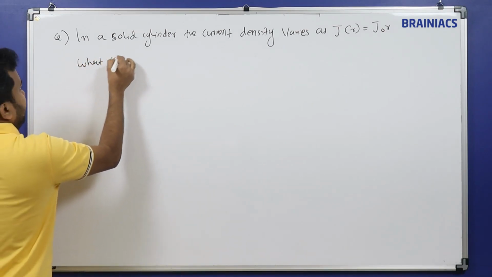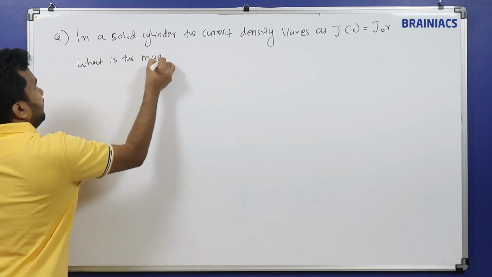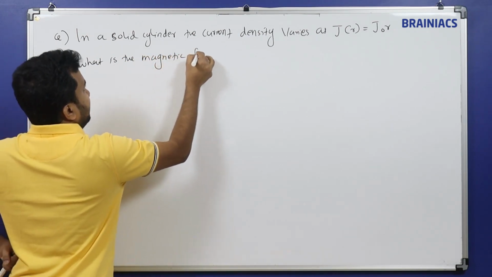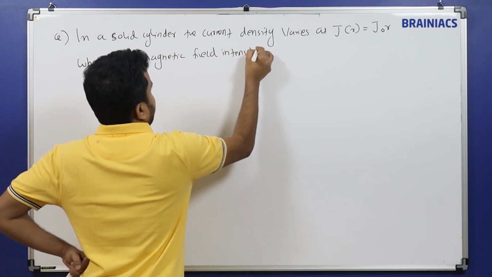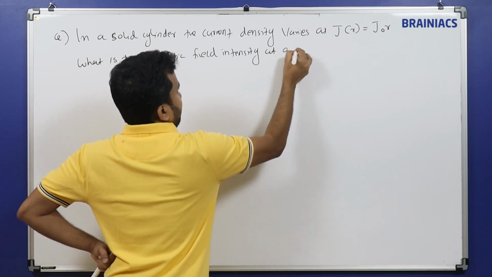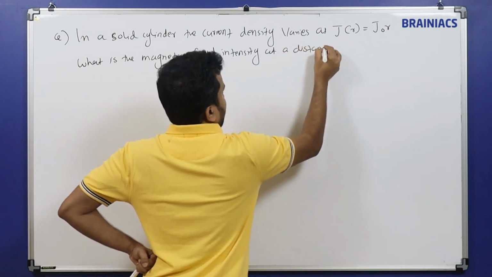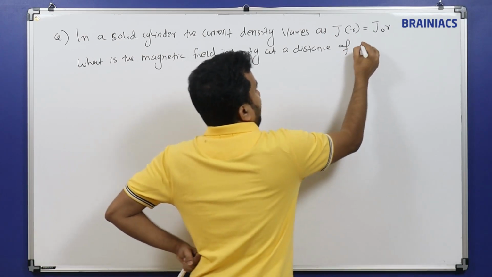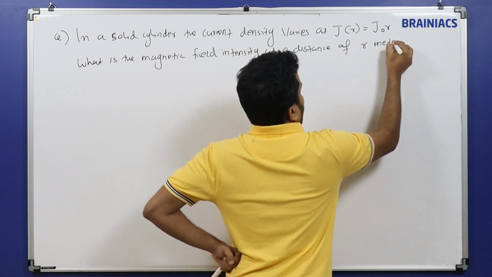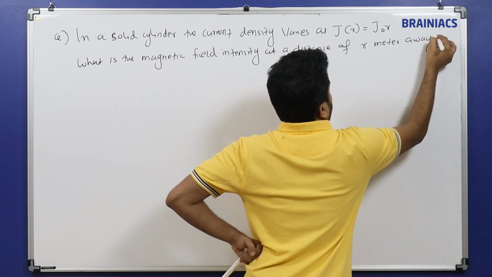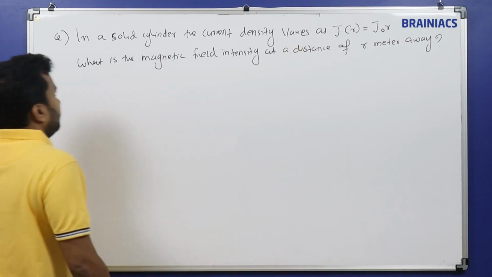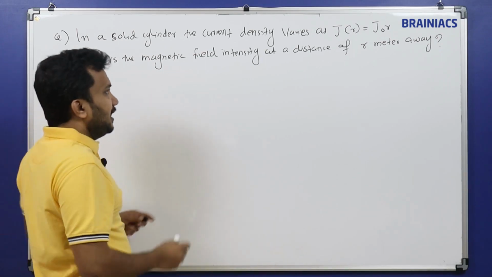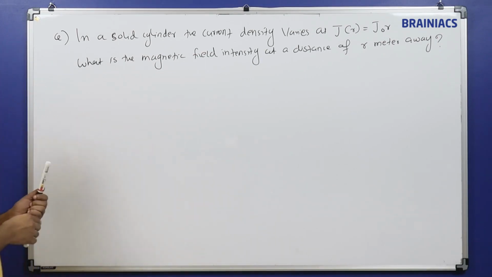What is the magnetic field intensity at a distance of r meters away? This is the question. In a solid cylinder, current density varies as J(r) equal to J naught r. What is the magnetic field intensity at a distance of r meters away?